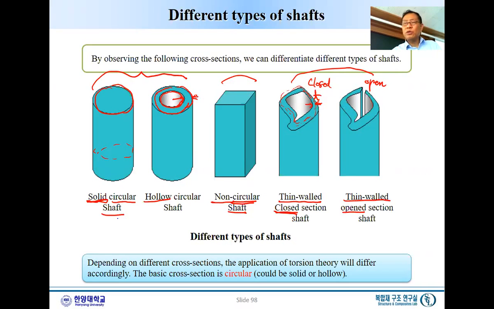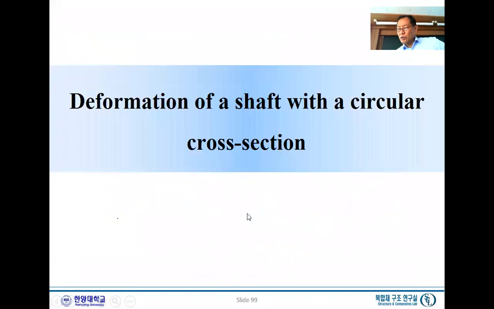It is very important to know what types of shaft we can think of. But theory-wise, we would like to focus on the circular shaft, and we can cover solid or hollow. That is about the types of shaft, and this is important to start with.